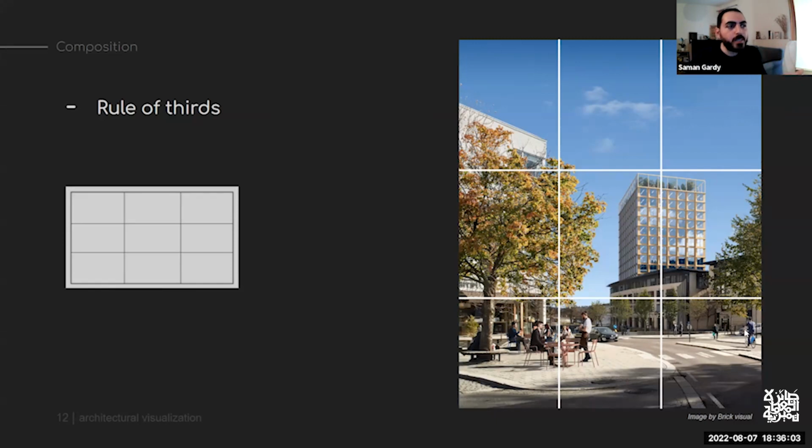Or if it was somewhere there, here would have been empty. So you try to balance it on the other side, roughly around the intersection.